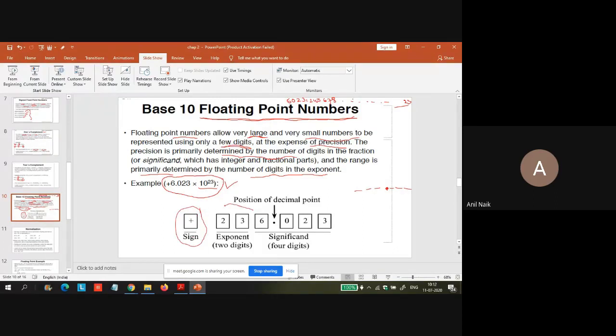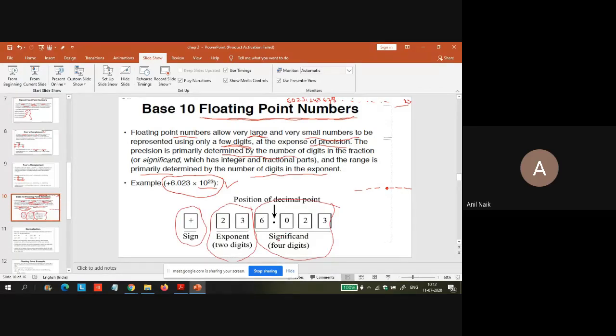Then the exponent digits, then the fractional part. Okay, sign, exponent, and significand. So in this way, we represent floating point numbers in a computer.